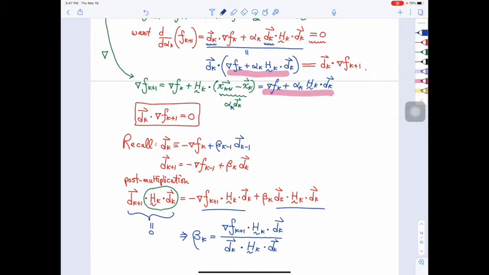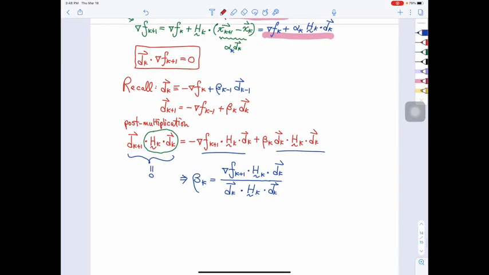So the following step is trying to replace Hessian in the beta derivation.